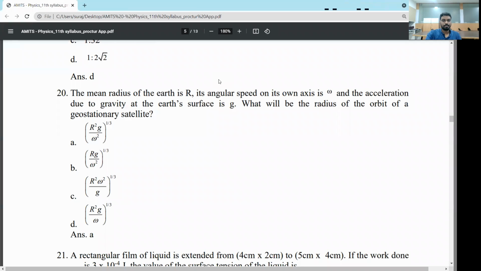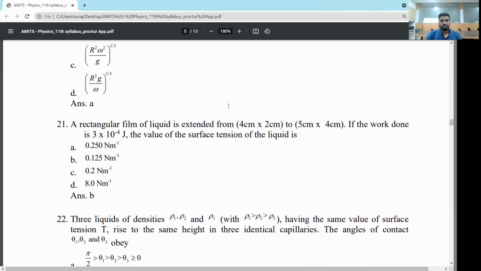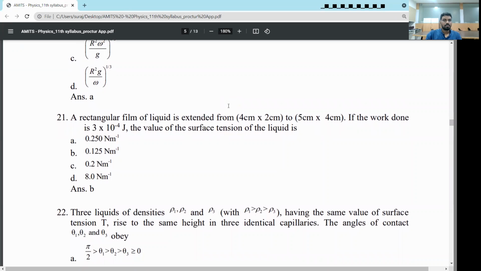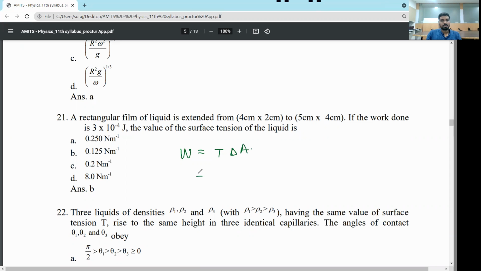Question number 21. The rectangular film of liquid is extracted from one dimension to another, work done is 3 into 10 power minus 4 joules. The value of the surface tension of the liquid is. See how to find. Work done is nothing but surface tension times change in surface area. This is given 3 into 10 power minus 4.